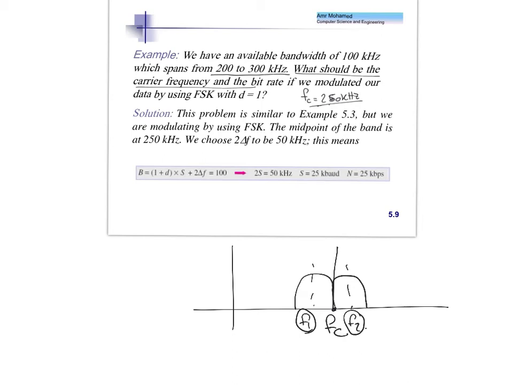And then here you have 50 kilohertz. And of course here you have 50 kilohertz, right? So what is F1? So this is 250 kilohertz. If you want, of course, the question does not ask for this. But if you want to calculate F1 and F2, then you know that F1 is in the middle of this 50K.